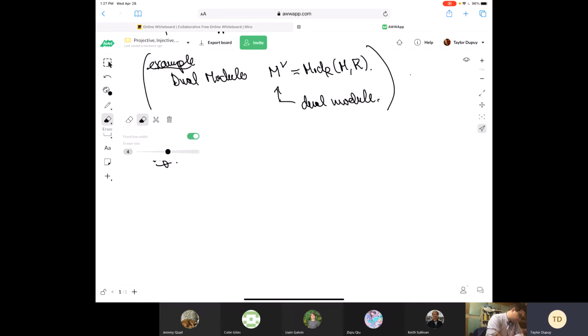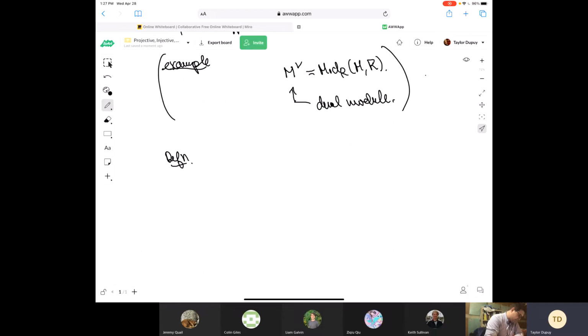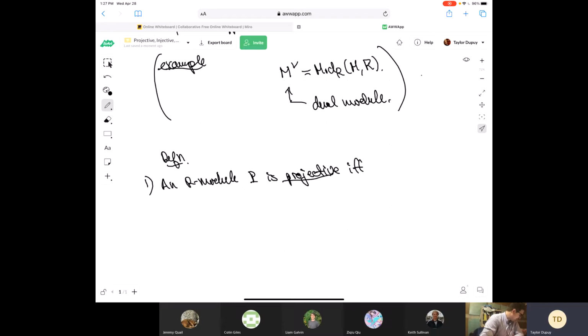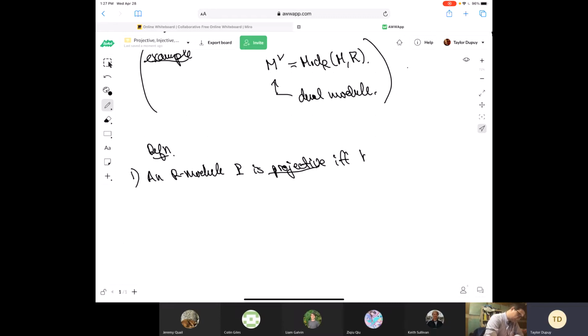Okay. I don't want to write this twice. So definition. The first definition is of a projective module. An R module P is projective if and only if this functor H P is exact.